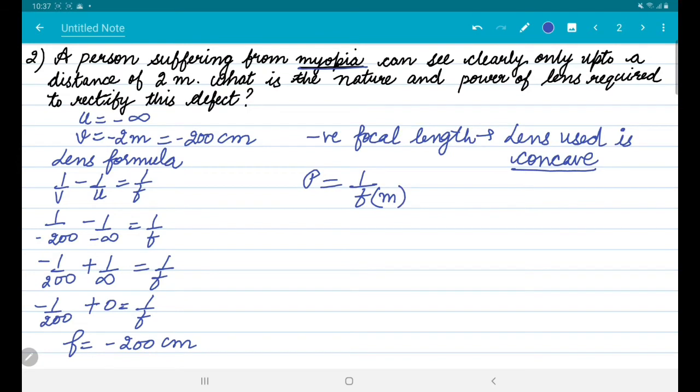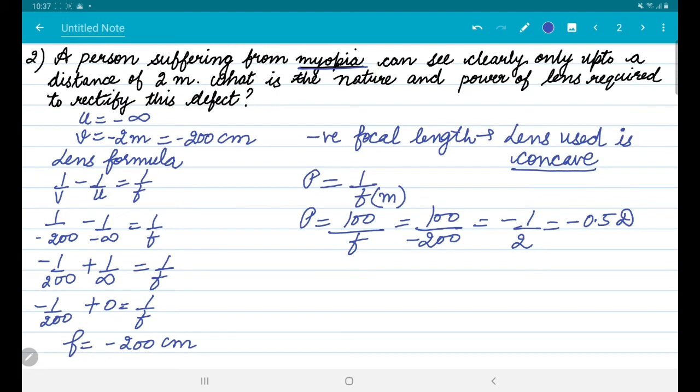Focal length should be in meters, but here focal length is in centimeter. We'll convert it by multiplying it by 100. So our power comes out to be minus 1 by 2, which is equal to minus 0.5 diopters. So this is your answer.